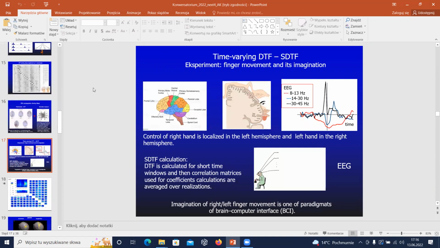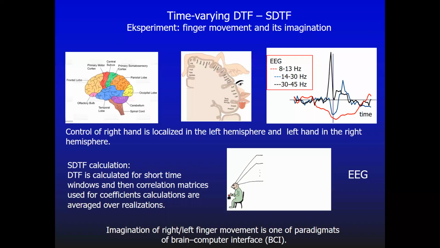Here we have a topography of the brain. This red one is the motor cortex, and next to it is the sensory cortex. The sensory cortex is also organized in a similar way to the motor cortex. There are parts of it which are devoted to control of different movements.